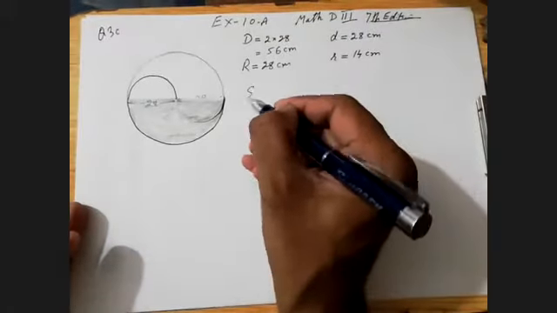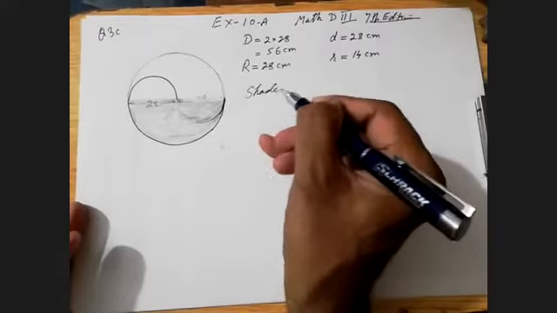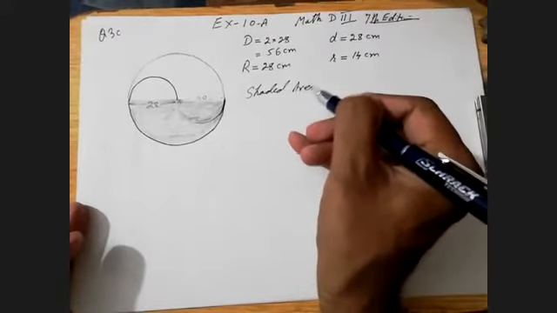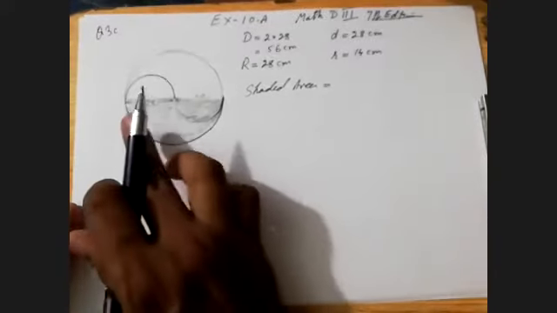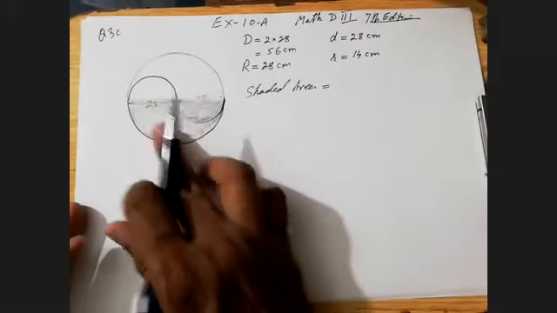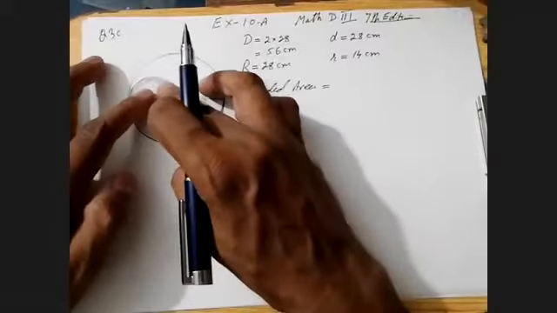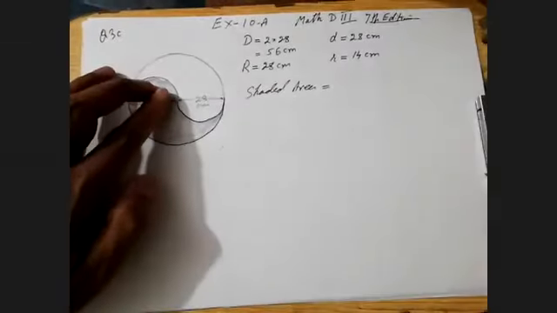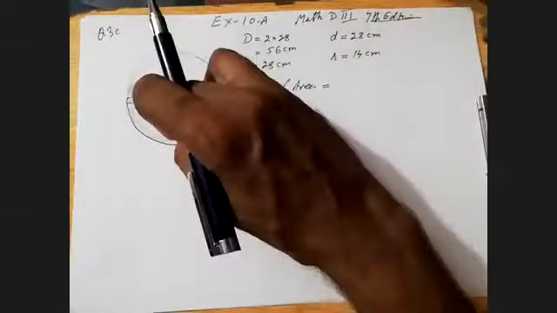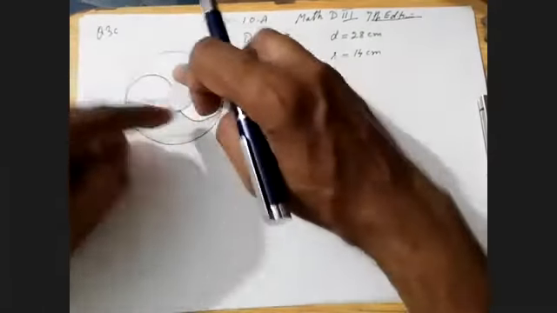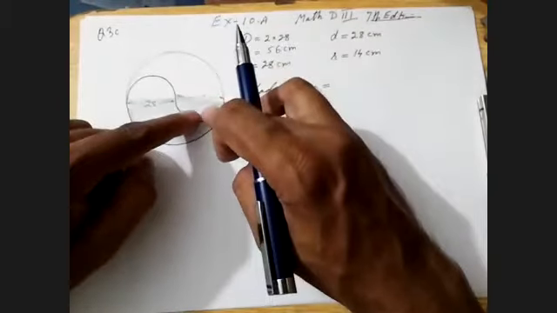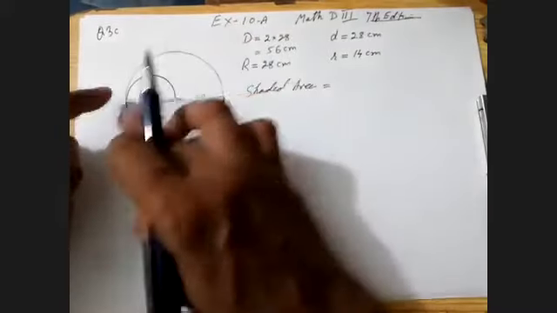So shaded area is equal to the area of the semicircle, because previously it was like this, so instead of doing it like this, I have brought it here. So this will become a bigger semicircle.